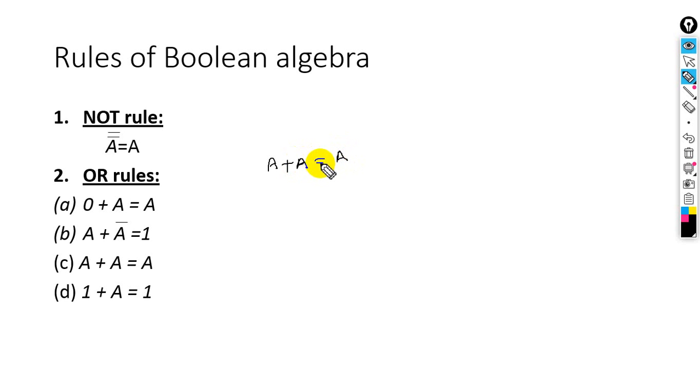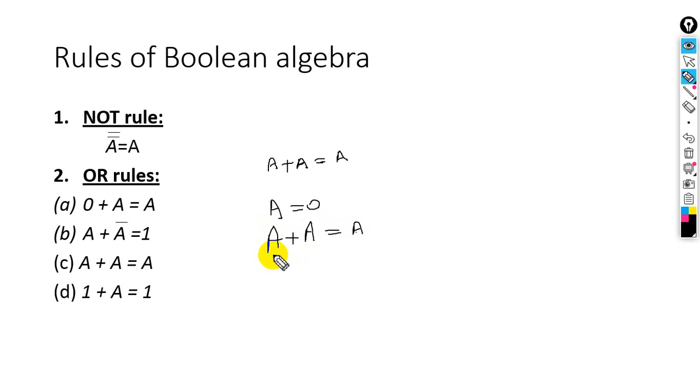So let me prove this, whether the left hand side is equal to the right hand side or not. Let me check first with a is equal to 0. The rule is a or a is equal to a, a single a.